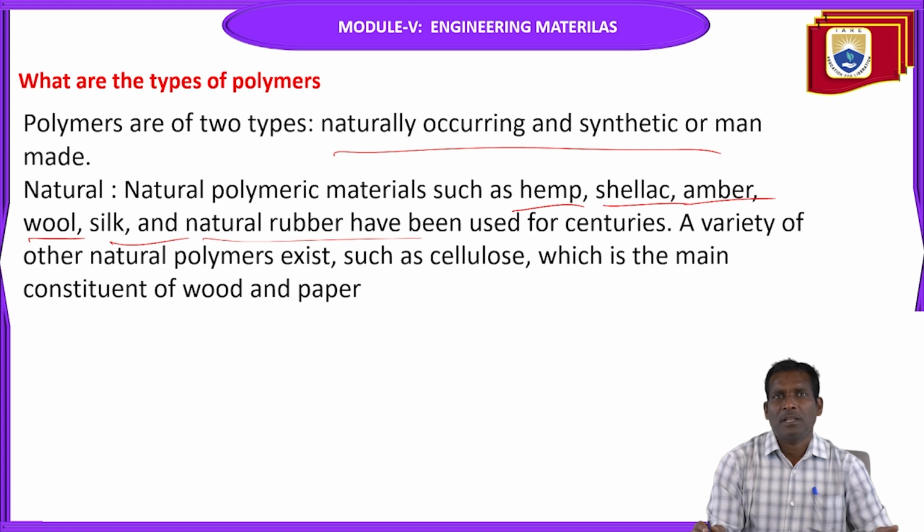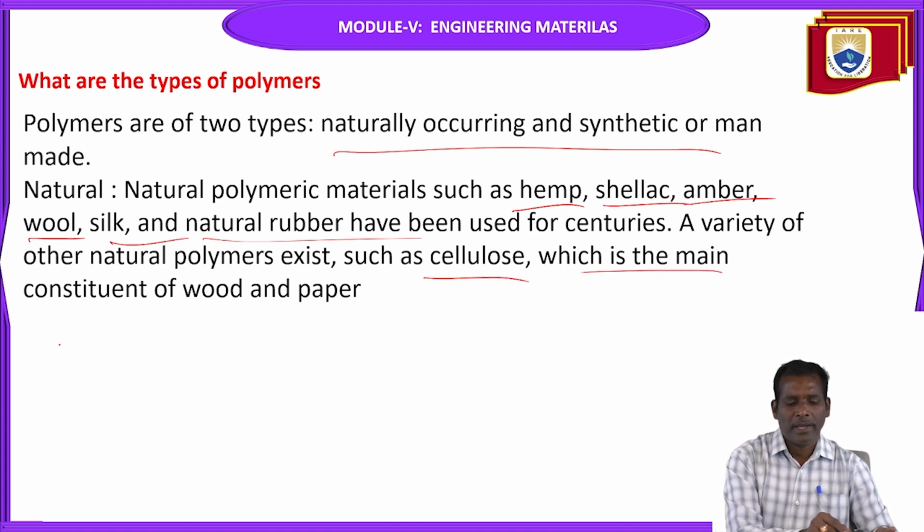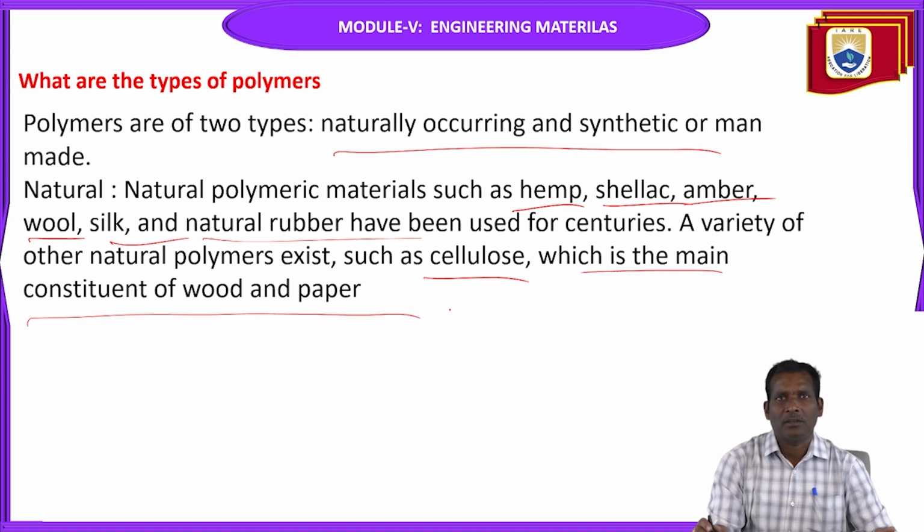A variety of other natural polymers exist, such as cellulose, which is the main constituent of wood and paper. So these are the types of polymers.